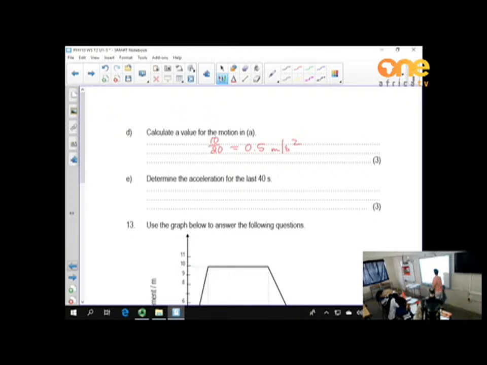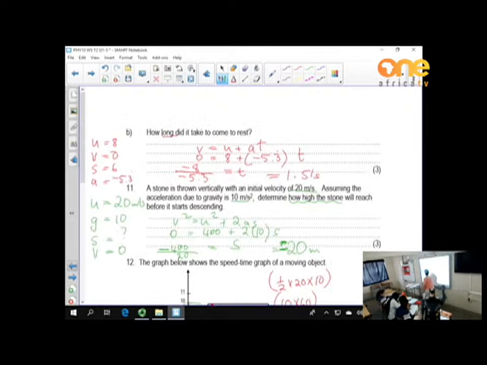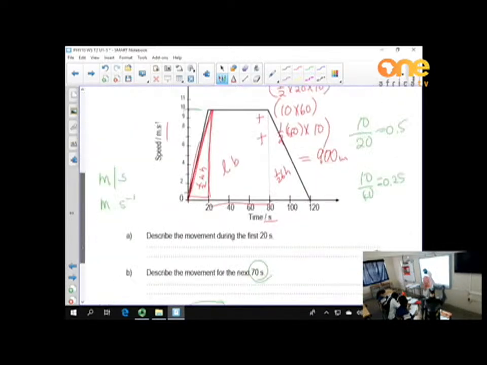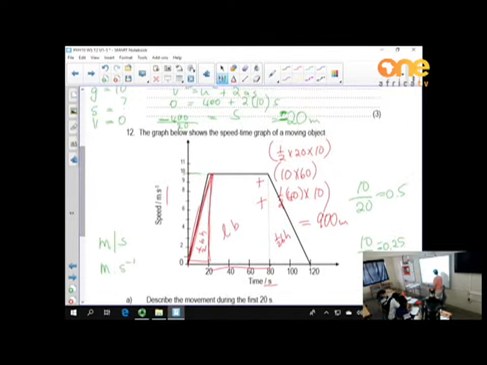All right. And then the last part, the acceleration on the last part of that graph, we have to get the gradient of the line. So now we need the gradient of this line, which is going to be change in y over change in x.